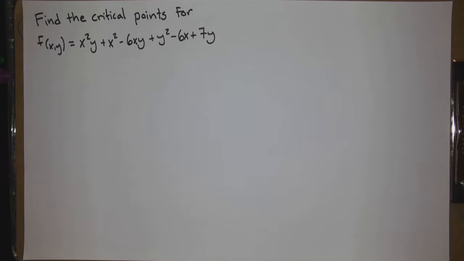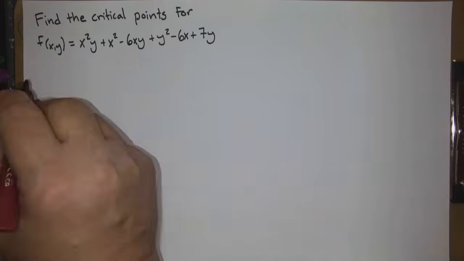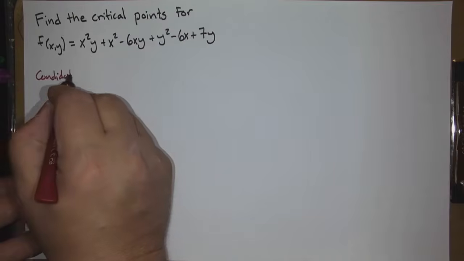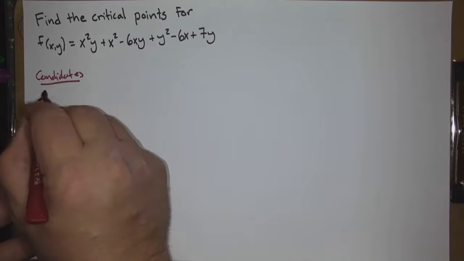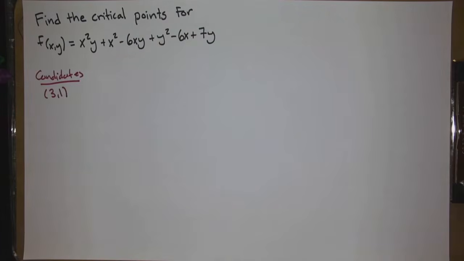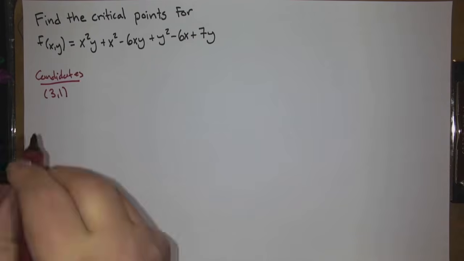Did anybody find critical points? I see a hand up. (3, 1). Okay, so here's our candidates. I'll make a list. (3, 1). Is that the only point? That's the only one I got. Any other critical points people found? (0, 7/2). Okay.